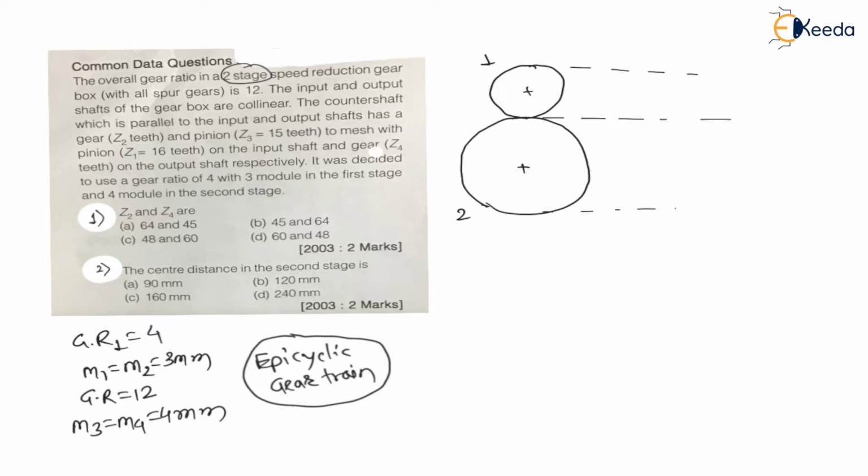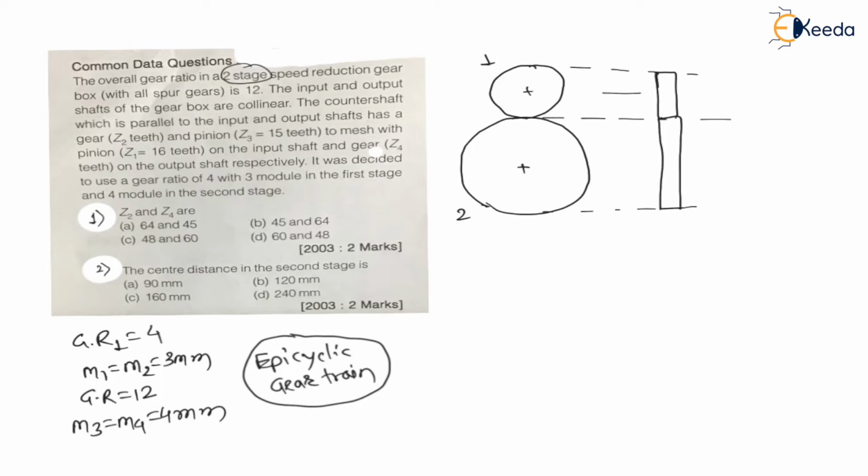See, there is a gear 1, which is in contact with gear 2, means there is a direct meshing of gear 1 with gear 2. This is gear 2, and let us see the side view. If I check the side view, they will look like this. Here gear 1 is in contact with gear 2, and this is the first stage, right?